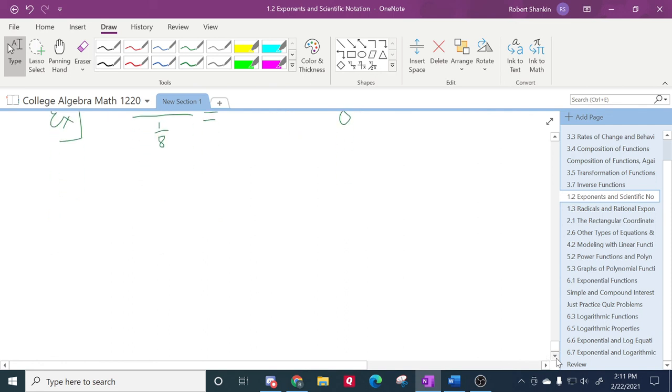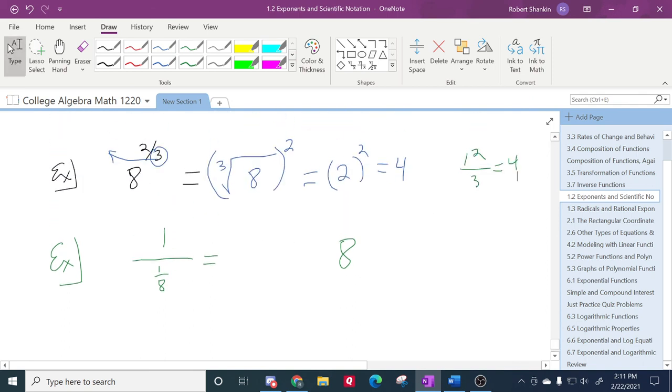All right, so let me also point out, just to expand on the same thing a little bit, one way we think of 12 divided by 3 is how many times do you have to add 3 to itself to get to 12? Well, you have to add 3 to itself 4 times before you get to 12. So how many 1/8 are there in 1?